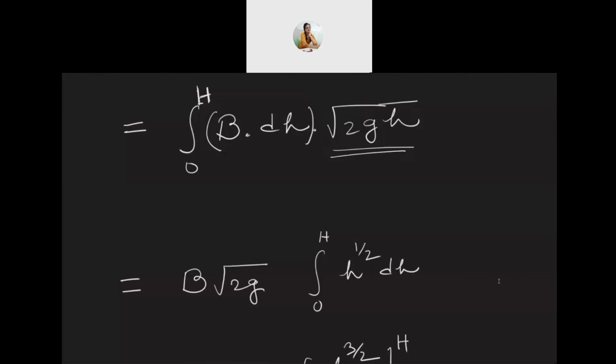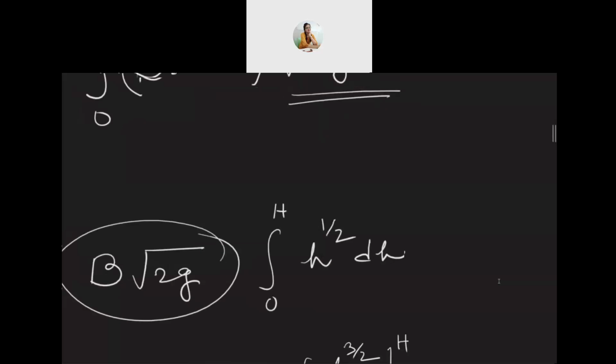And B and root over 2g can be taken out of the integration sign, and under integration remains root over h, that is h to the power 1 by 2, and dh. So after integration, we arrive at this result.